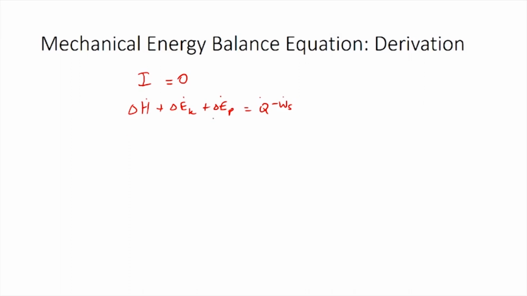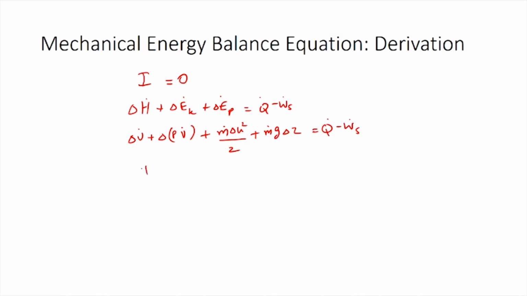The equation would become delta U dot plus delta of PV dot plus Ek dot, which would be m dot delta u squared divided by 2, plus Ep dot, which would be m dot g delta z, equals Q dot minus Ws dot.